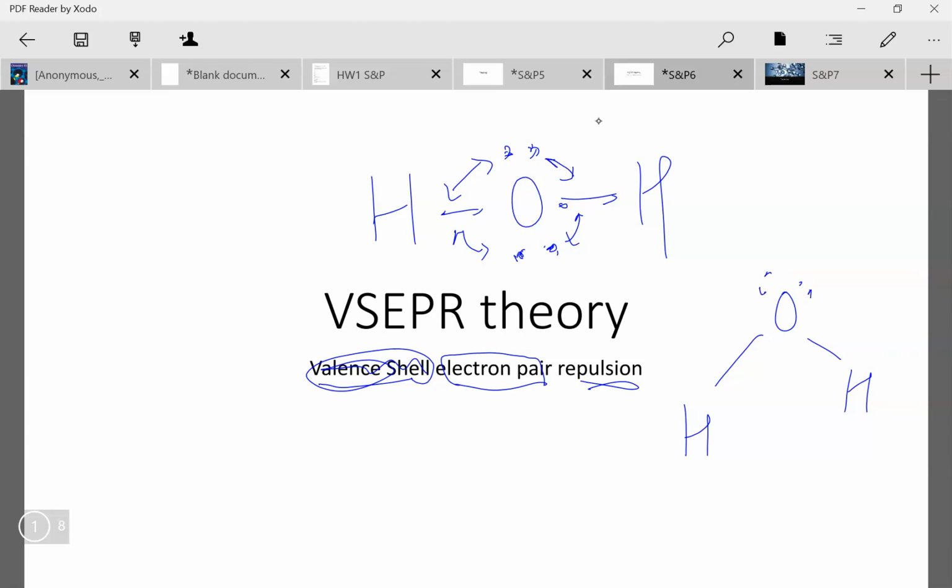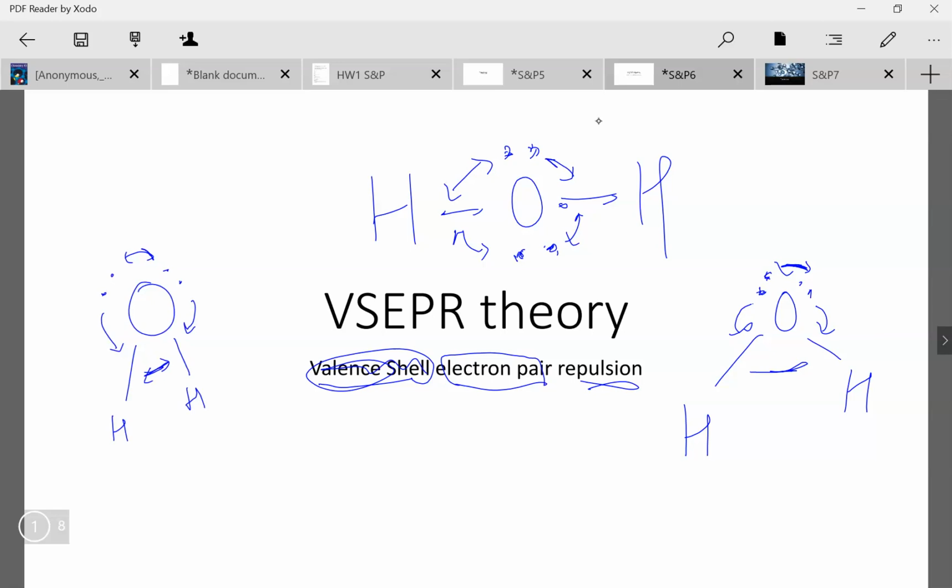I will tell you that the lone pair-lone pair repulsion is the greatest, compared to the lone pair-bond pair repulsion, compared to the bond pair-bond pair repulsion. So a more accurate diagram, if we were to draw this somewhat to scale, might look like this, with the greatest repulsion here, significant repulsion here, and the least repulsion between two bonding pairs.